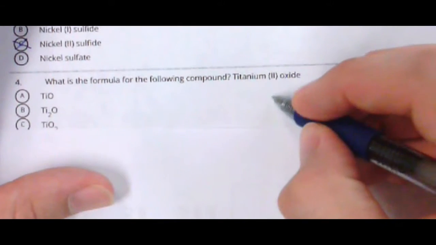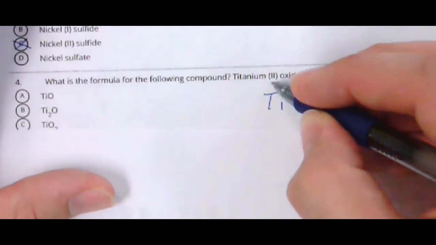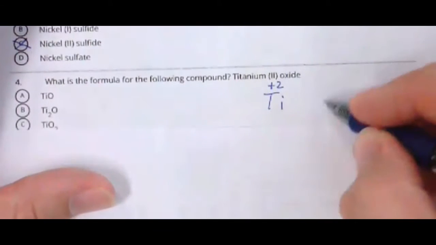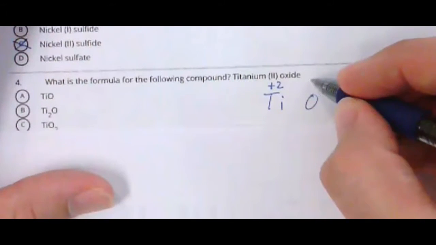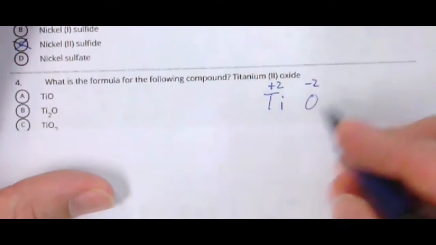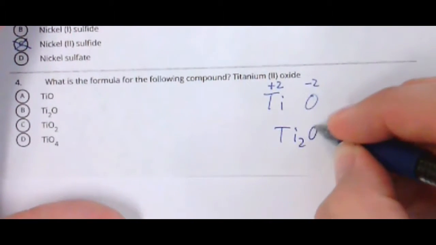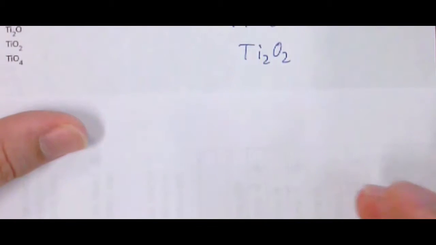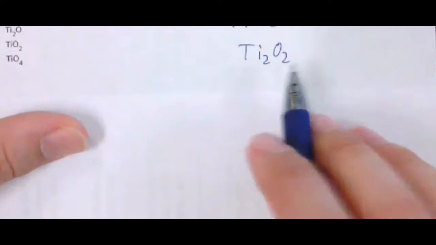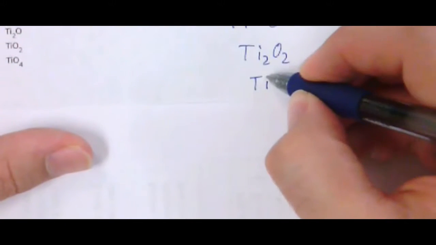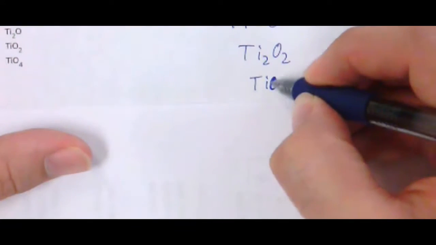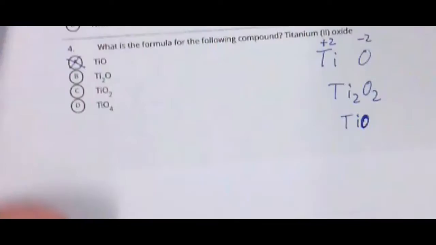Titanium. So you write down titanium, who has a +2 charge. And then you figure out oxygen's charge, which you already know by heart: -2. Crisscross, you end up with Ti2O2. However, can it be reduced or simplified? So it is TiO. There we go. Which should have been A.